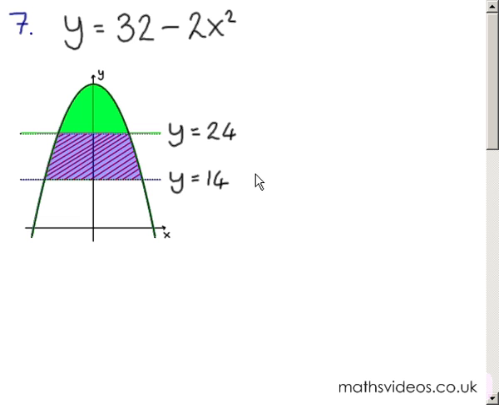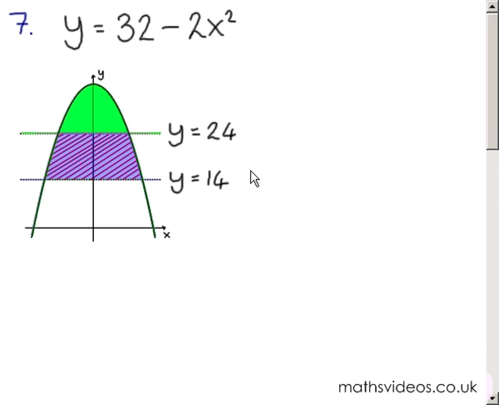That means that what we need to do in order to solve this question is find the area between the curve and the line y equals 14, the blue area, and then the curve and the line y equals 24, which is the green area, and then we will subtract them to find our shaded area.